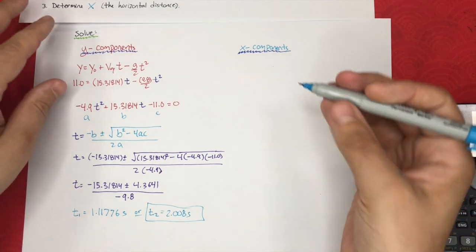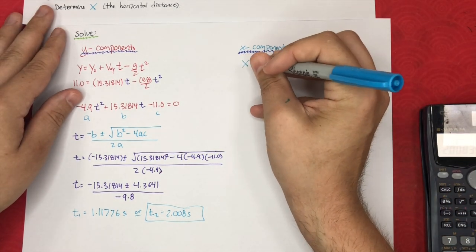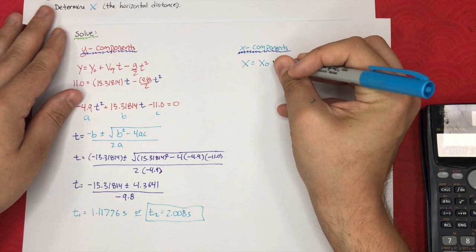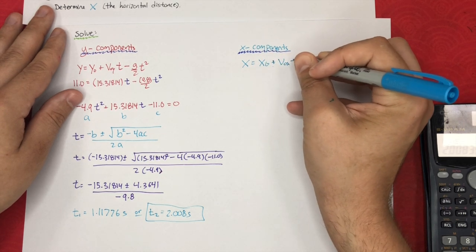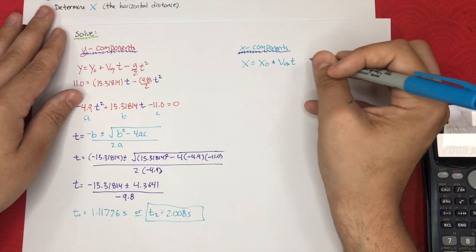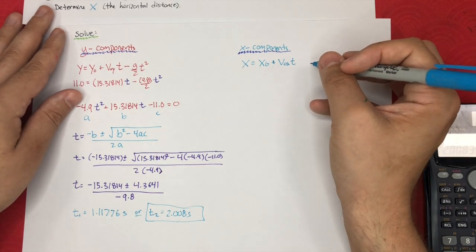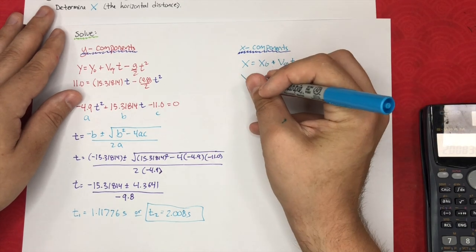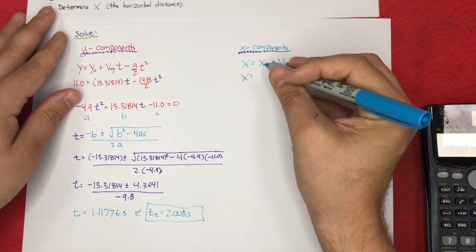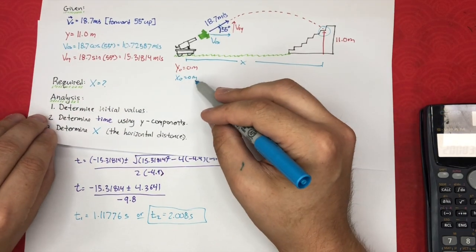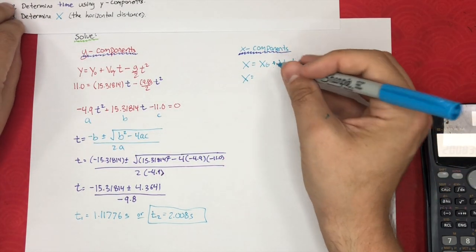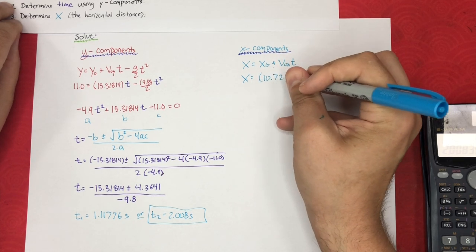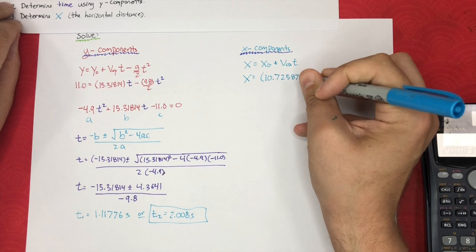Well, we're looking for the horizontal distance, so we should be using the equation x is equal to x0 plus v0x t, and there's some acceleration stuff over here, but remember the acceleration values in projectile motion are 0. So let's rewrite this. x is equal to, well, the initial x position is 0 meters, so this is going to go to 0 plus 10.72587 meters per second.